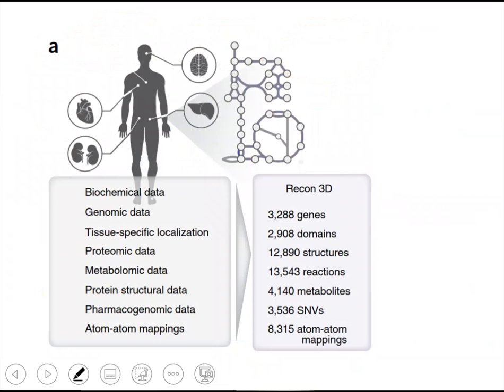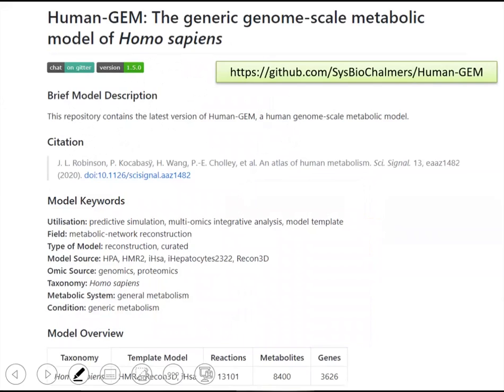So in Recon 3D there are 13,000 reactions, 3,000 genes. It also includes information on the variants on the genes and also links to the protein structures available in the annotation information.